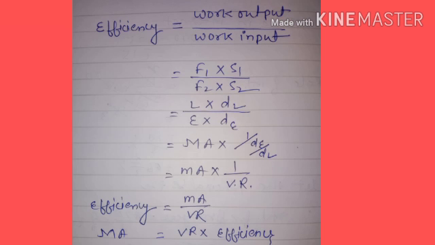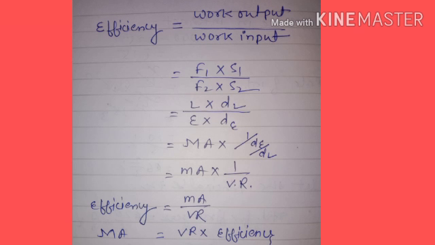Now come back to the formula. Efficiency is equal to work output upon work input, where work output is equal to the product of force and displacement, that means F1 into S1. On the other hand, work input is also equal to the product of force and displacement, where force is F2 and displacement is S2.